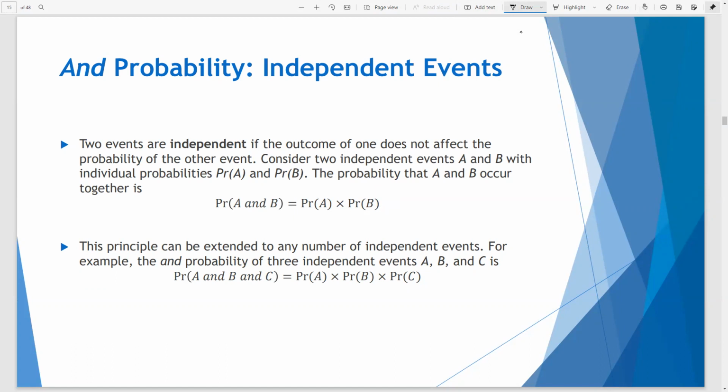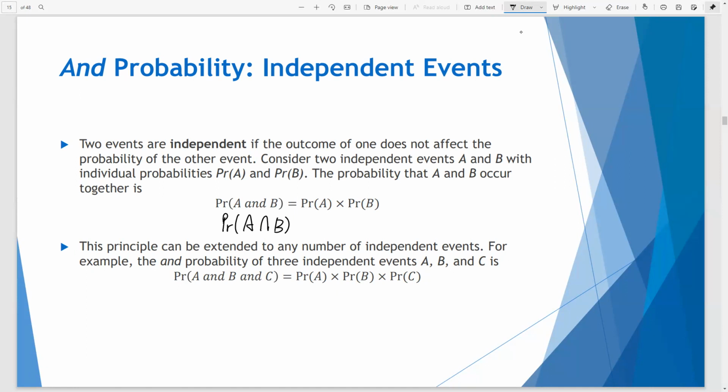Sometimes in your notation, you will see the probability of A intersection B. That is the intersection. If you do not see the word "and," that is intersection notation. And it's equal to P(A) times the probability of B.